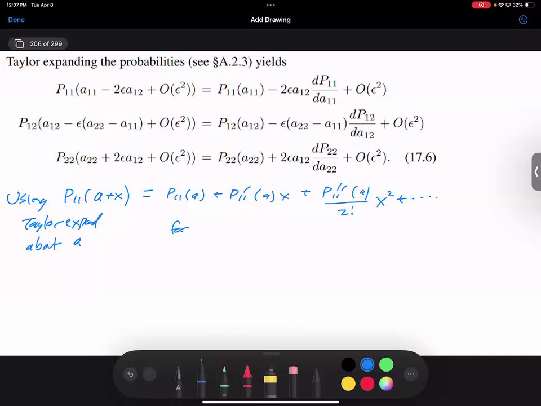No, our assumption is that no matter what rotation we do, the probability is unchanged. But if you do a large rotation, everything is going to be hard to follow. If we do a very small rotation, we can expand things in terms of a constant term, an epsilon term, an epsilon squared term, and so on.